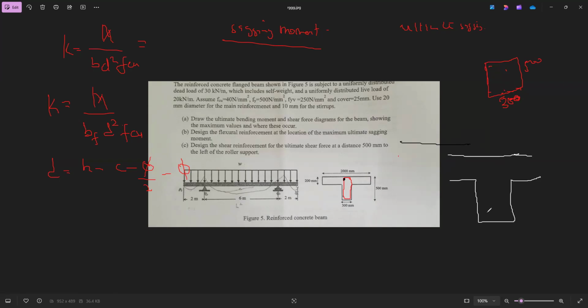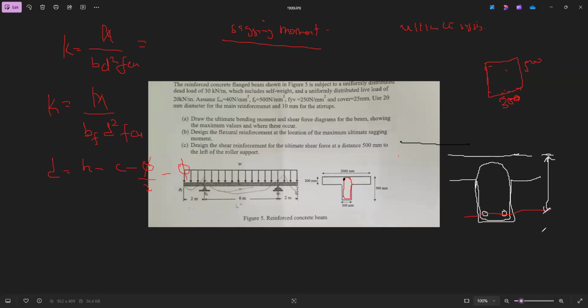So this is how it is. And the effective depth is from the top here to the middle of the bar, the reinforcement, the main bar.